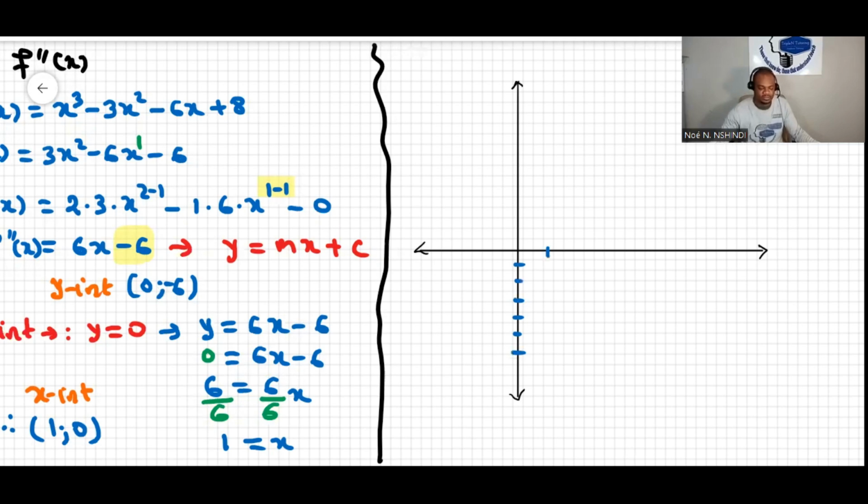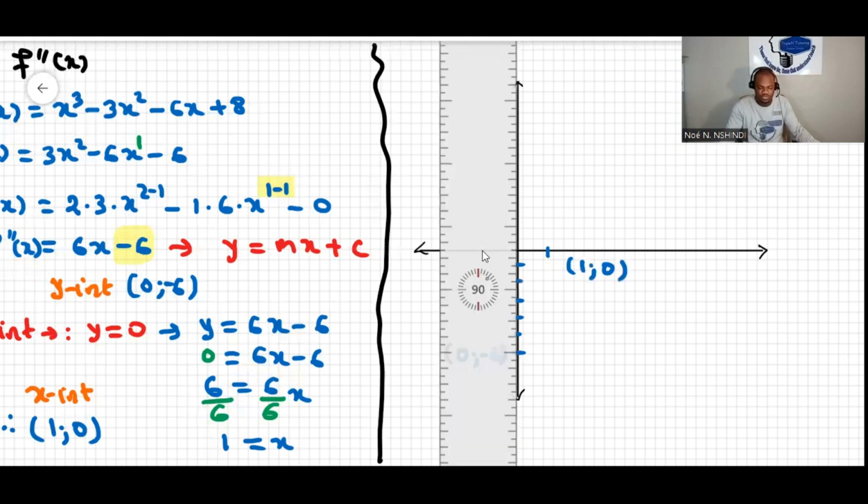Let's see. There we have the point (0, -6), and there we have the point (1, 0). Now we can draw the straight line, a line connecting these 2 points.